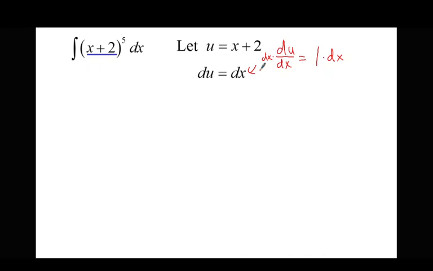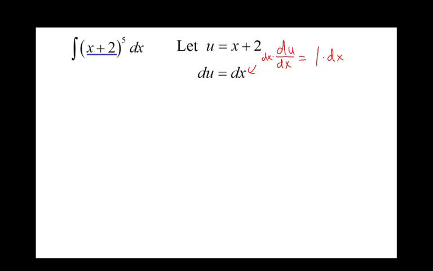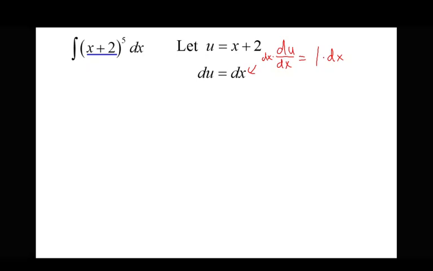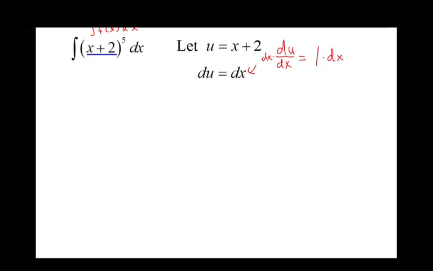Now I'm going to substitute into my original integral of f of x dx to get it in terms of u. So I'm going to replace x plus 2 with u, which gives me u to the 5th, and I'm going to substitute dx in terms of du.